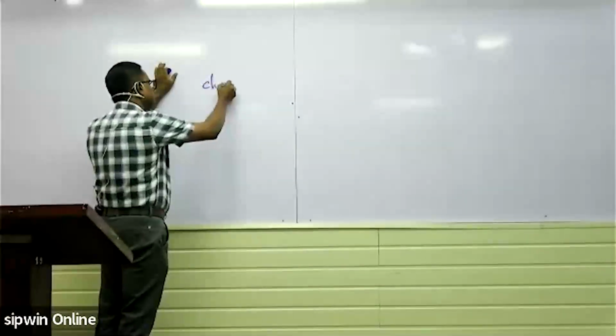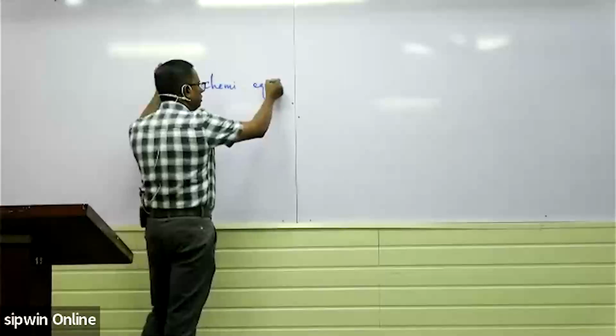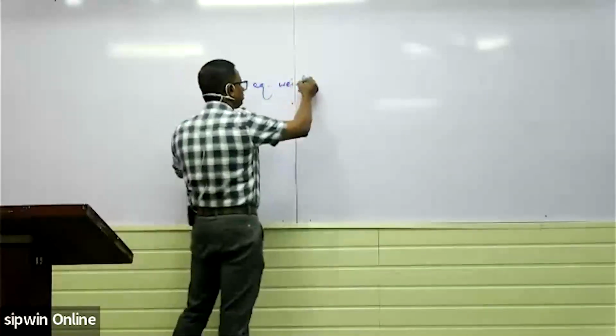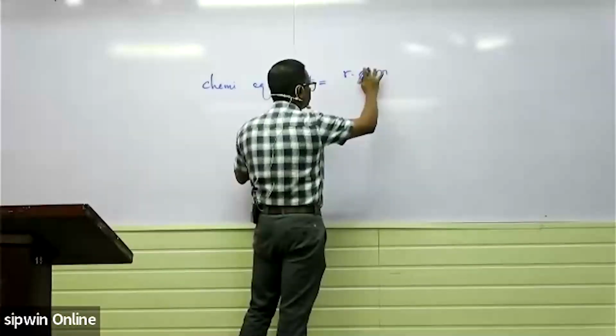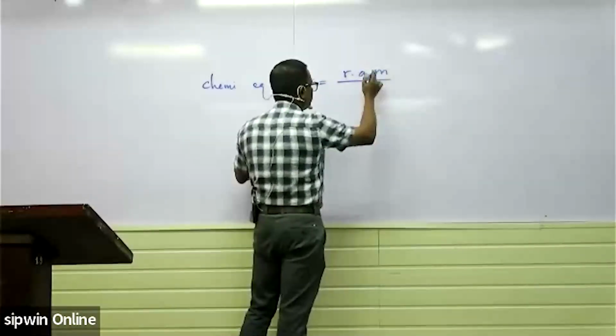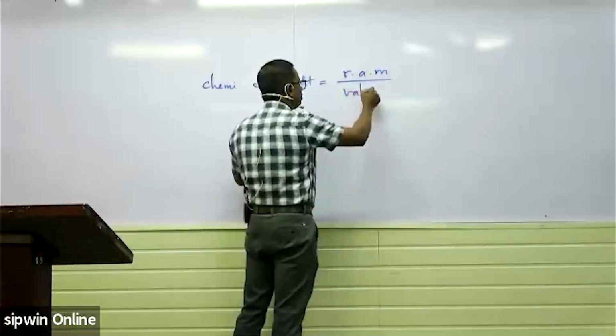Chemical equivalent weight equals relative atomic mass divided by valency.